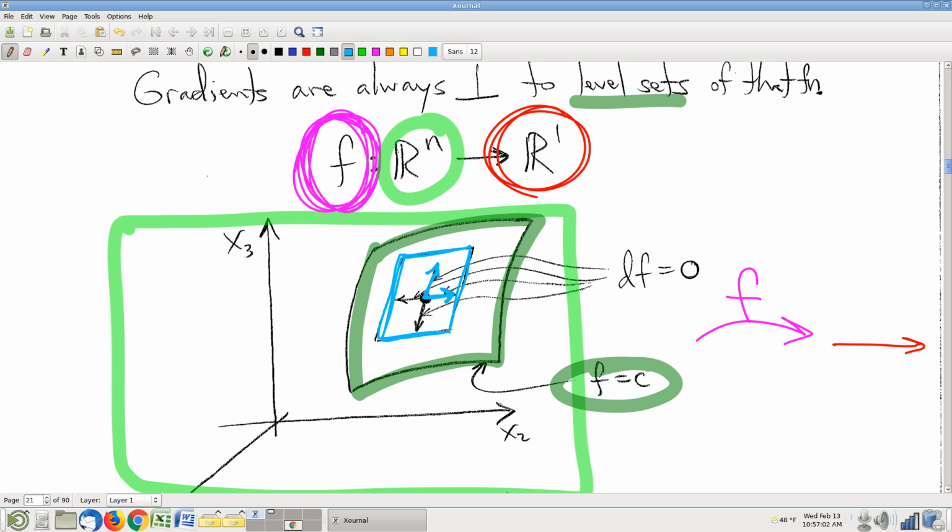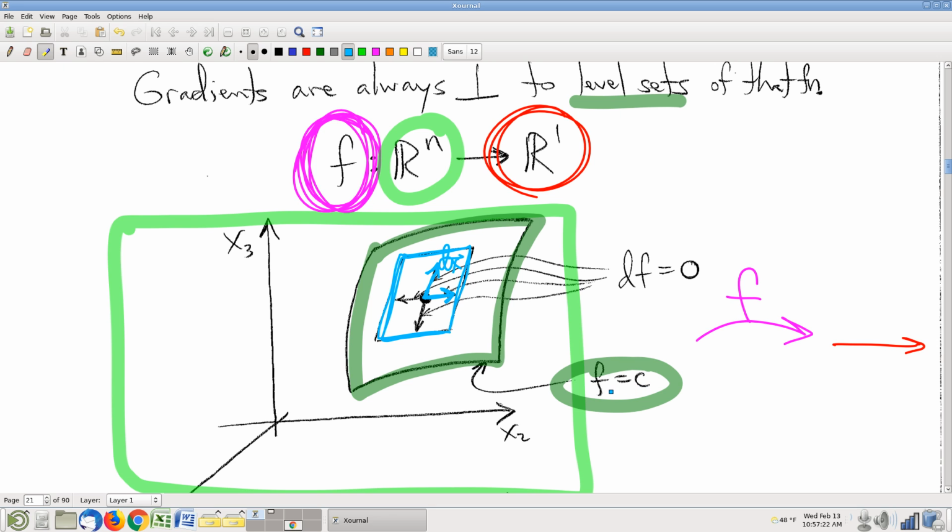Here's the thing. If you're moving along the tangent plane, then you're moving with the surface, because that's what a tangent plane is. Right? So all of these little dx vectors have the feature that you're moving along the surface.